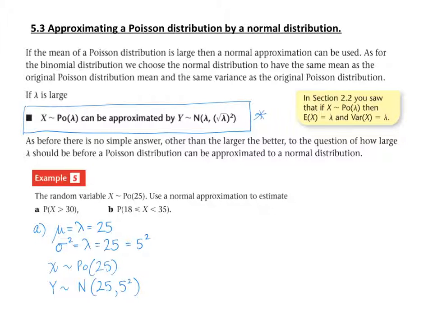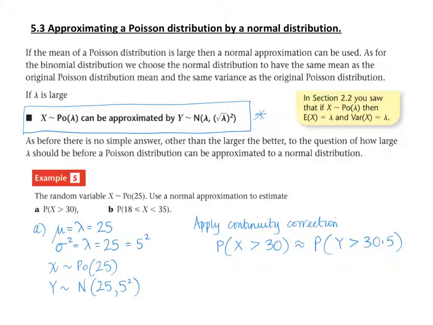So we apply the continuity correction. And we get the probability of x bigger than 30 is approximately the probability of y being greater than 30.5. So we've changed discrete into continuous.